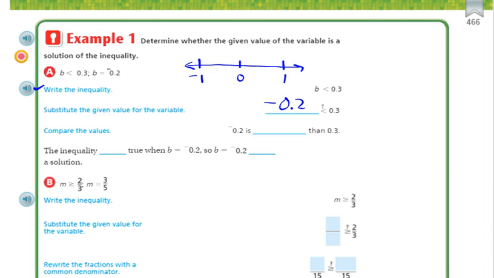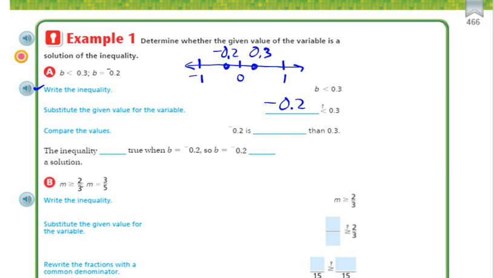Now we're just going to estimate where the 0.3 falls. I'm going to say 0.3 would be just under halfway, so it'd be right about there. And then the negative 0.2 would also be under halfway, but it'd be to the left of the 0 here. So that's that negative 0.2. This is the 0.3.